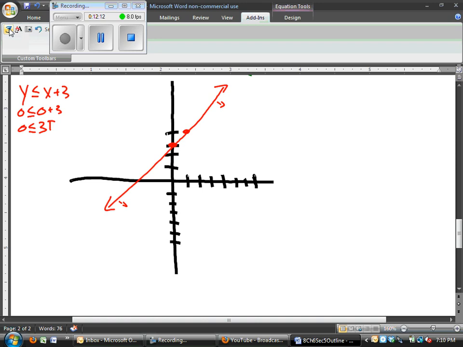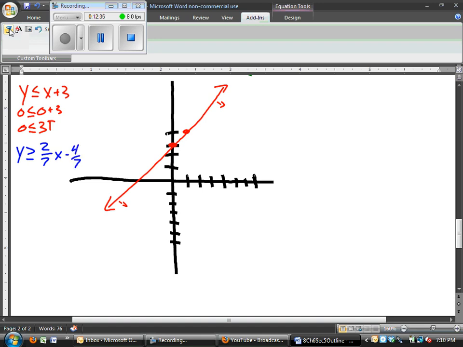Okay. The next one I did was the one with the fractions. Y is greater than or equal to 2/7 x minus 4/7.